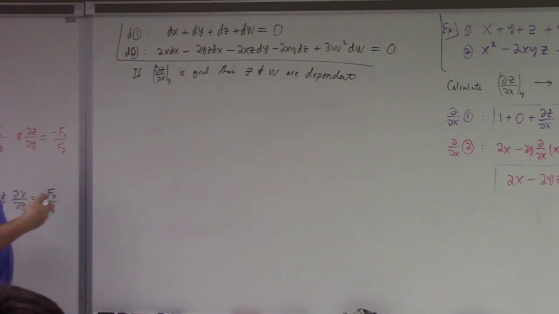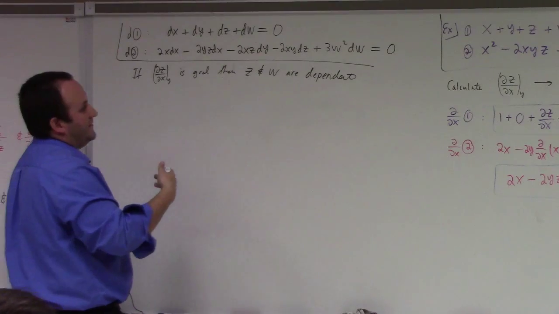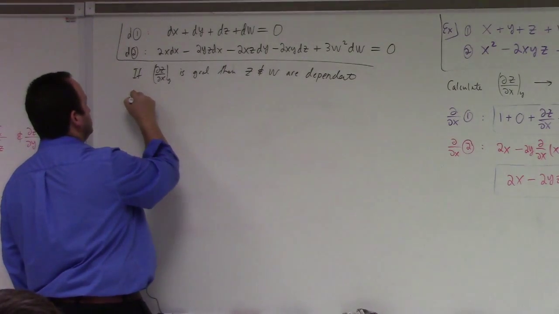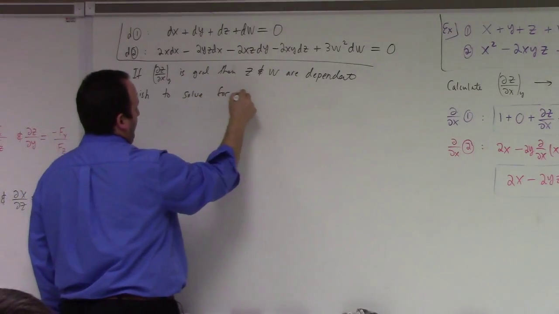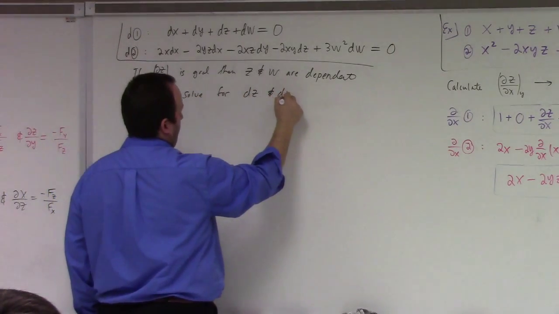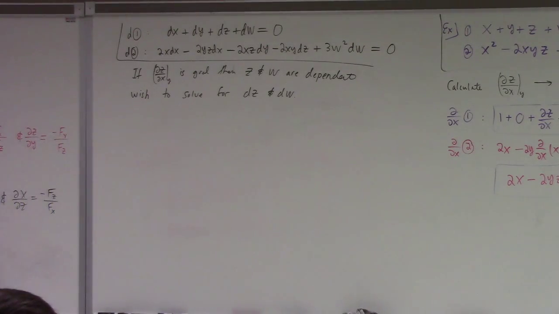So what you're going to do is put all of the dz and dw terms on one side and all of the dx and dy terms on the other. Think of dx and dy as being given things, whereas dz and dw are the variables that you're trying to solve for in this context.